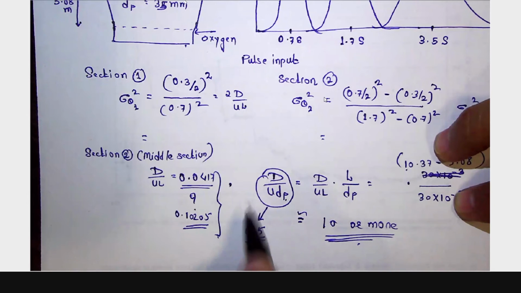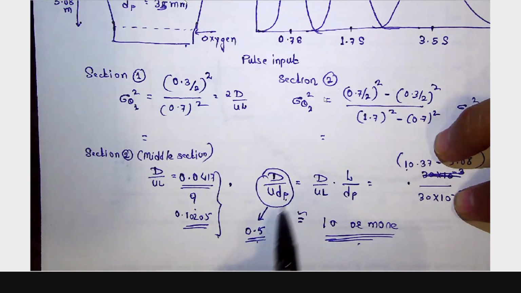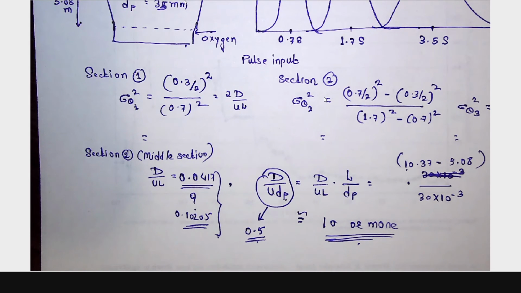So for a particular packed bed having small particle size, if you see figure number 17, they have mentioned it. Flow in the packed bed.